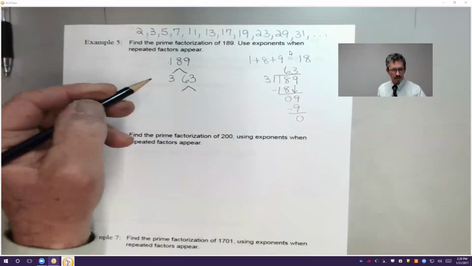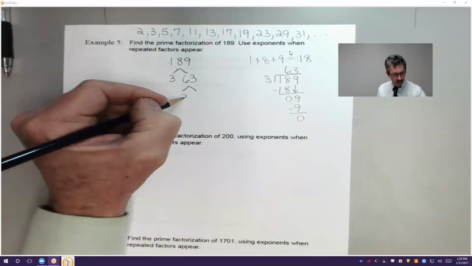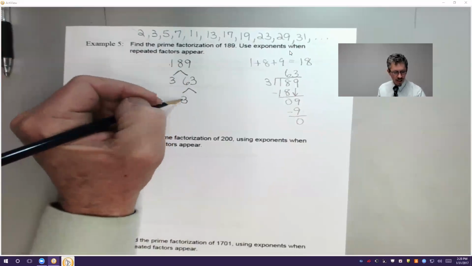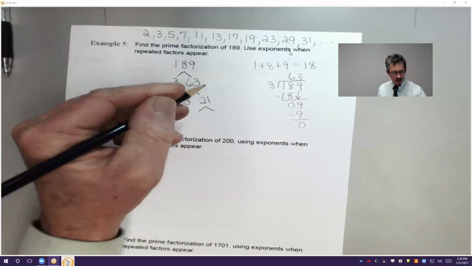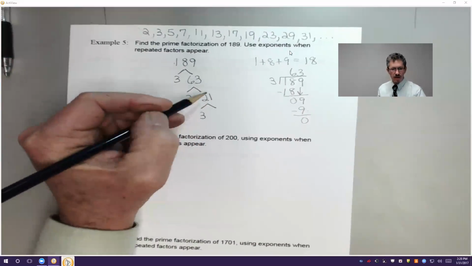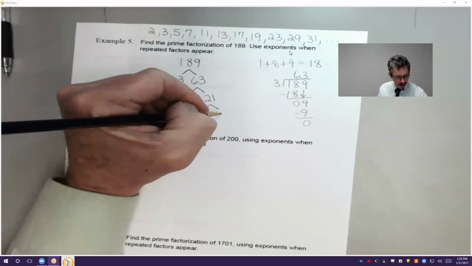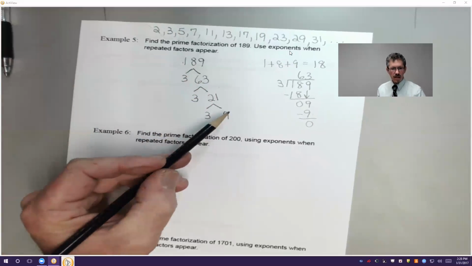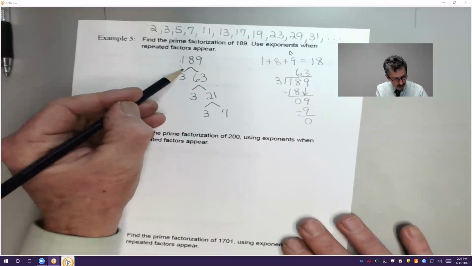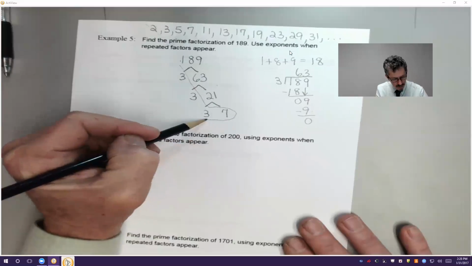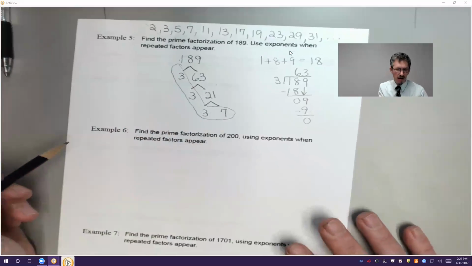63 is again divisible by 3. When we divide 63 by 3, we get 21, which is also divisible by 3. Divide 21 by 3, we end up with 7. 7 is one of our prime numbers, telling us that we're finished. This right here represents the prime factors of 189.